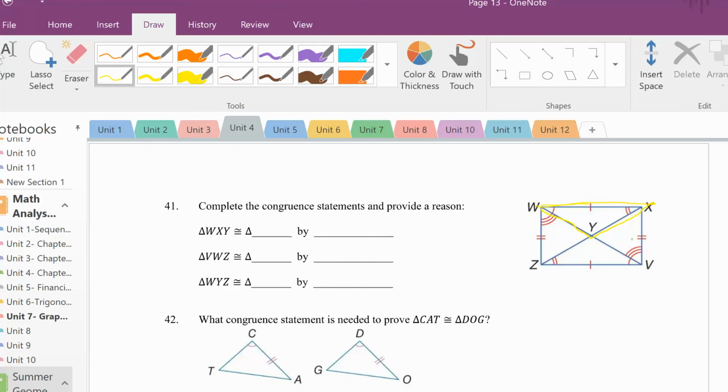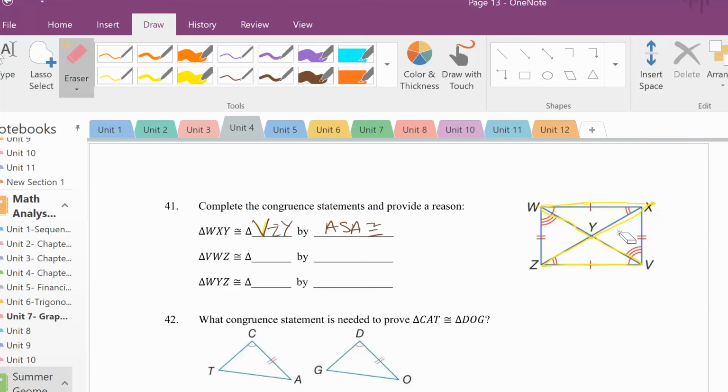And if you notice, you have angle, side, angle, angle, side, angle. So it would be this one over here. Match up the W with the V, and then the X with the Z, Y. And it would be by angle, side, angle congruence.